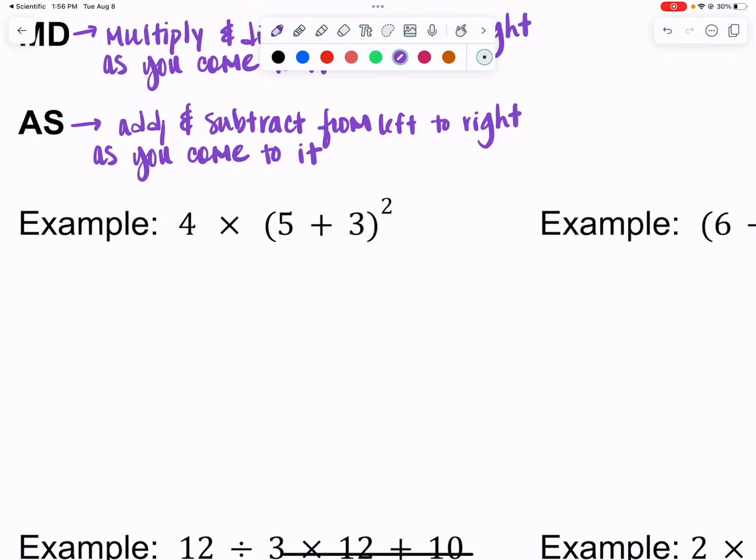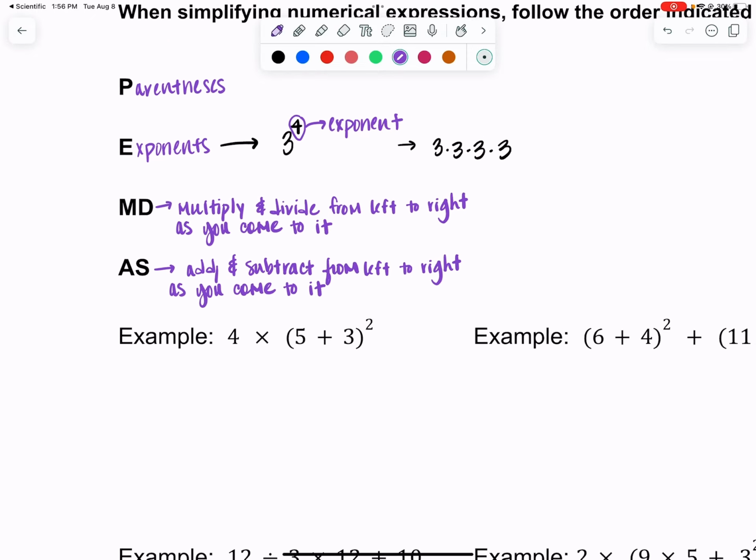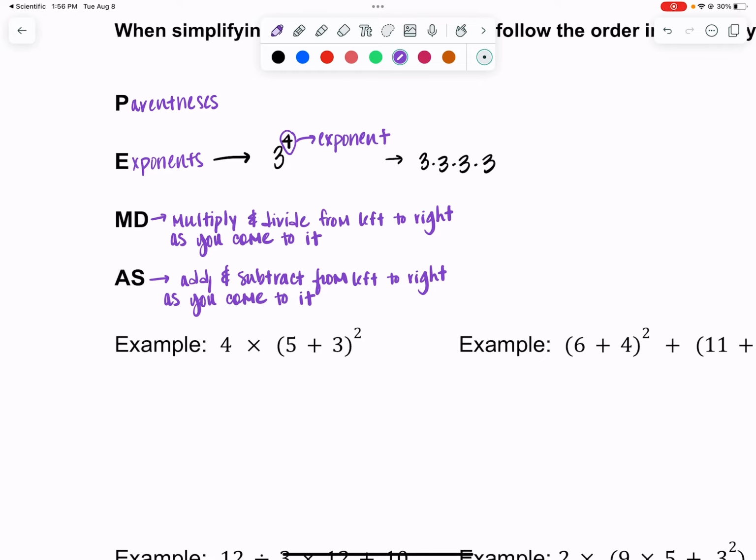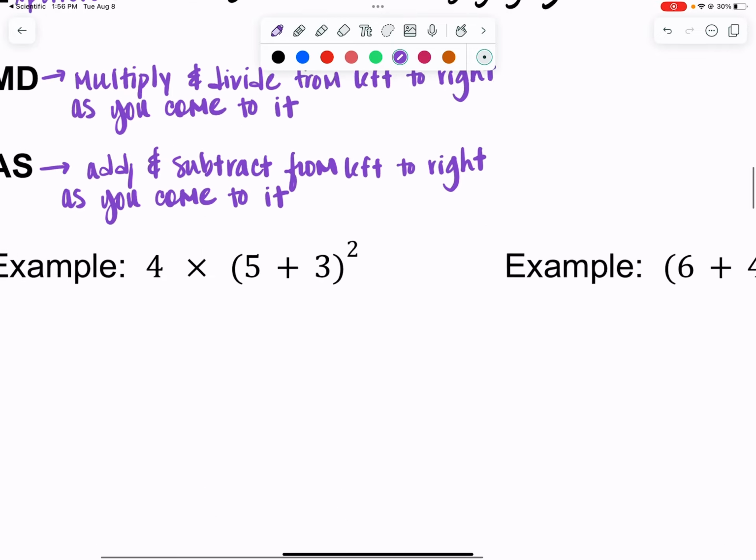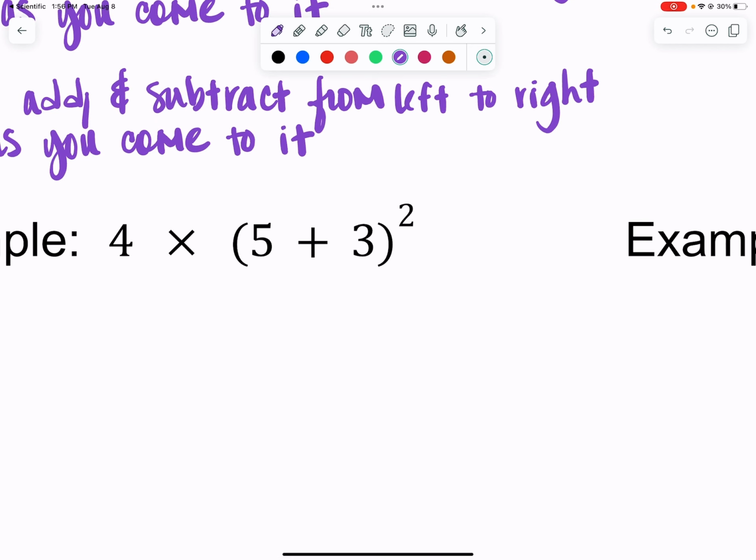First thing we are going to do is the parentheses. Well, I happen to see some super fancy parentheses right there. That means the first thing I'm going to do, I know 5 plus 3 is 8.